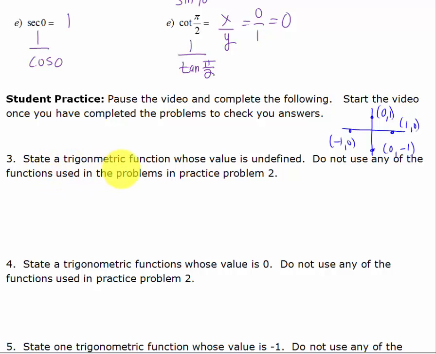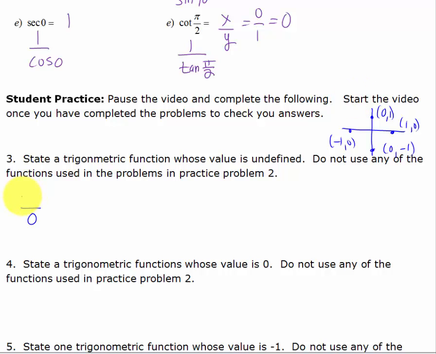Alright, let's look at the first one. State a trigonometric function whose value is undefined. Do not use any of the functions used in the problems in practice 2. So try and come up with your own. If I want something to be undefined, I want the denominator to be 0. So I choose a denominator of 0, then choose a numerator and find the ordered pair that would work.